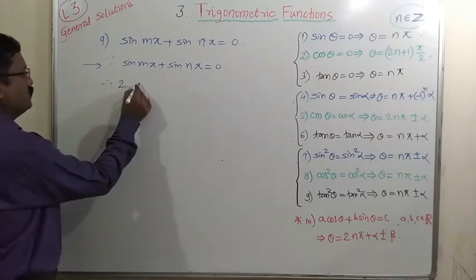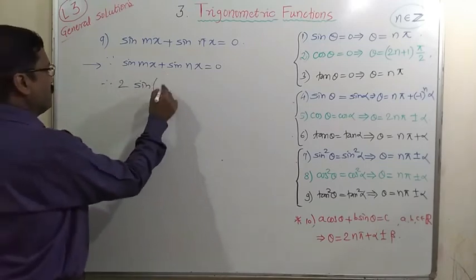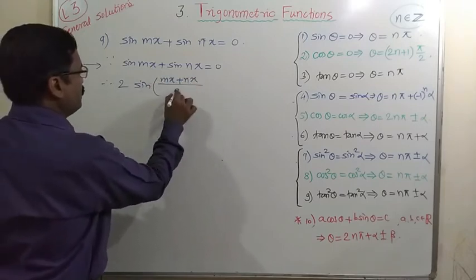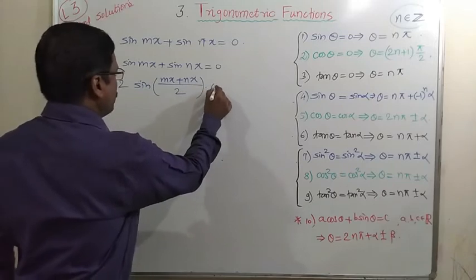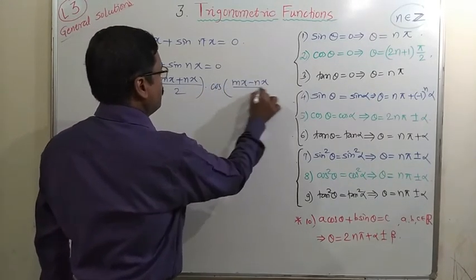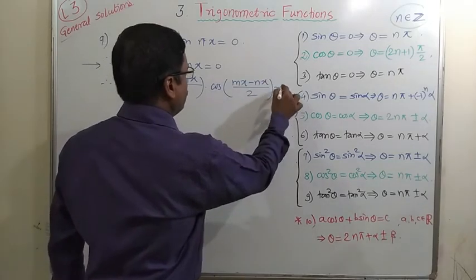So we get here, by factorization formula, 2 sin ((mx plus nx) upon 2) into cos ((mx minus nx) upon 2) equal to 0.